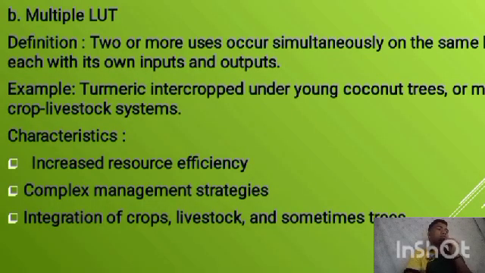And then the multiple land utilization type. Multiple land utilization is when two or more crops are planted on that area. We can also call it diversified farming, where you are integrating crops, livestock, and sometimes trees. Trees can be used as windbreaks in your land utilization. So it is not mainly focused on monoculture.